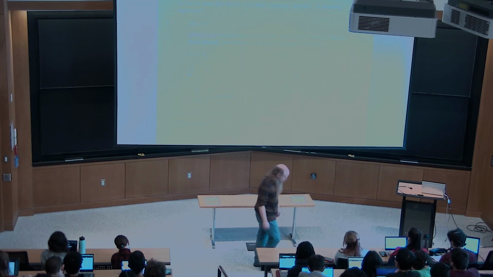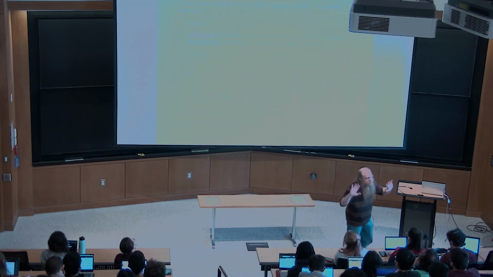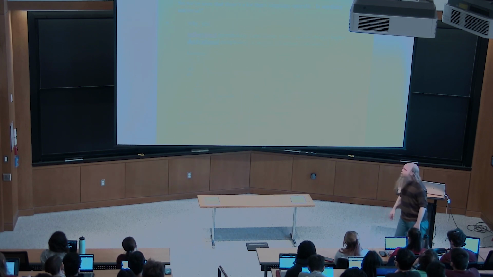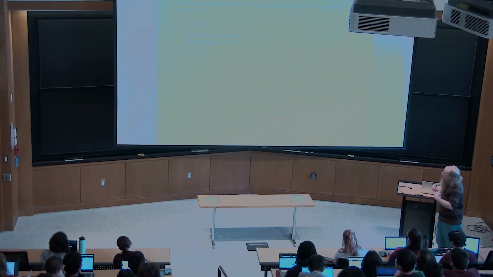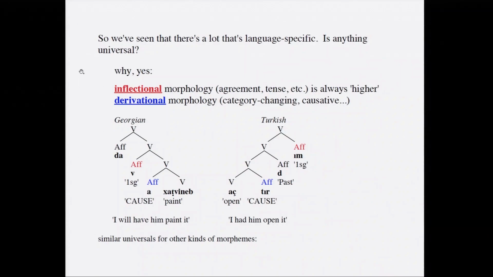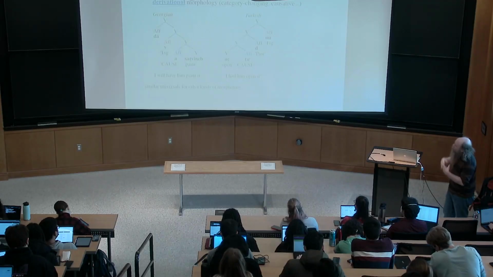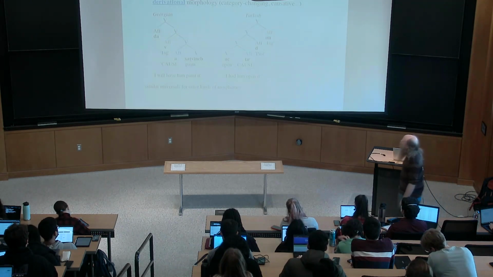They're different tenses. But they're both about causing someone to do something to something. They have that in common. And they're different in other ways too. The Georgian verb is preceded by several prefixes. The Turkish verb is followed by several suffixes. But here's what they finally have in common.